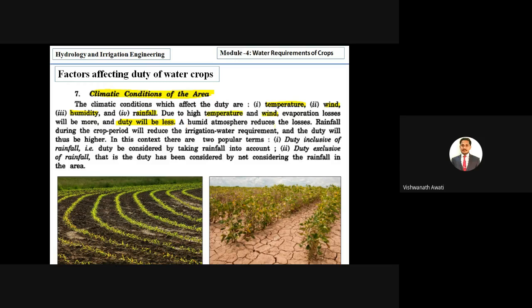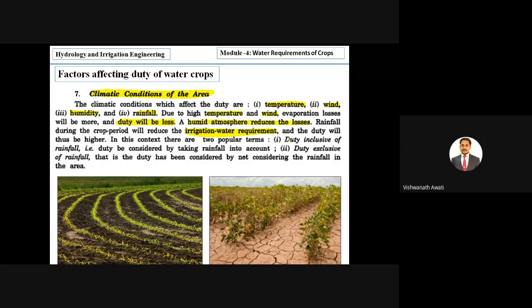A humid atmosphere reduces the losses. Humid means a moist climate, which reduces the losses. Rainfall during the crop period reduces the irrigation water requirement. Irrigation means artificial supply of water, but rainfall is a natural supply of water to the crop, so the duty will be higher. In this context there are two terms.